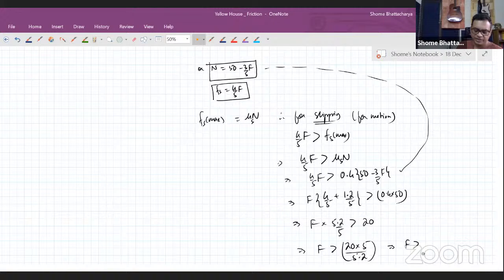So it's not going to be very different from the first answer, but not exactly the same also. 19.2. This is the condition we are getting.